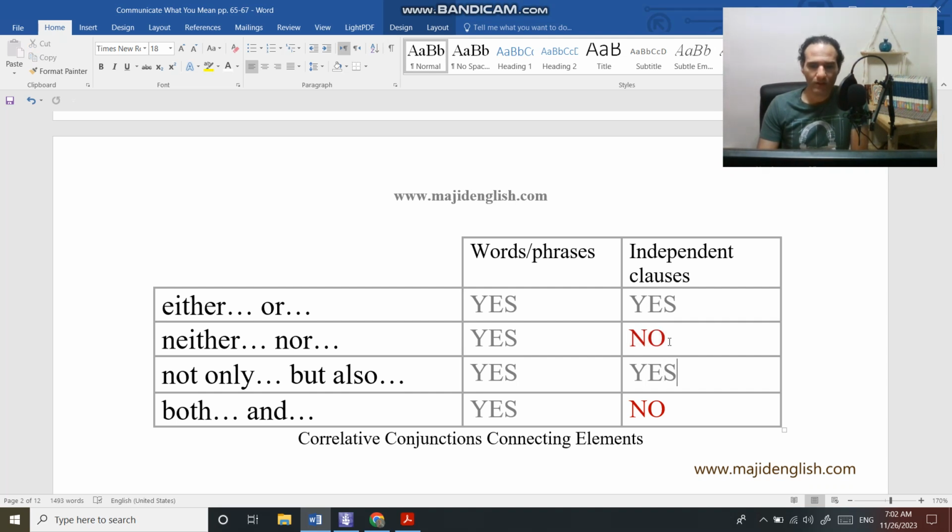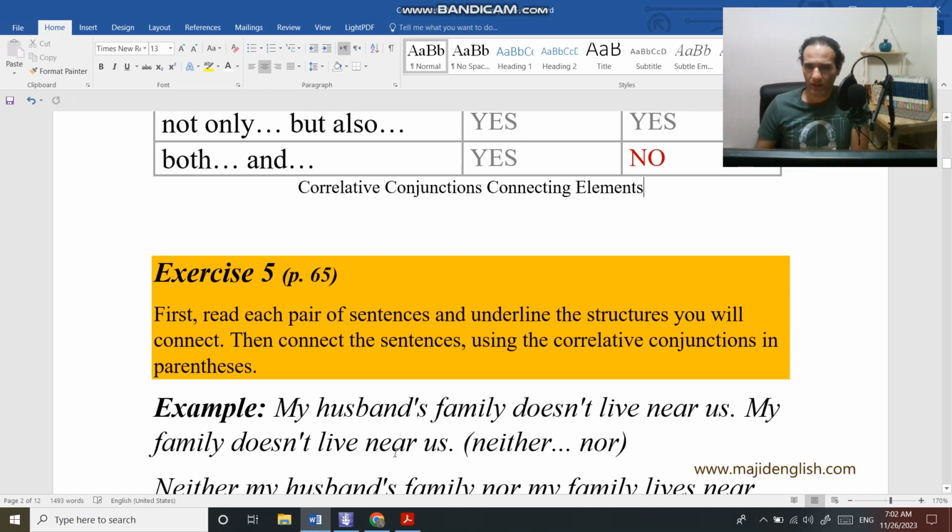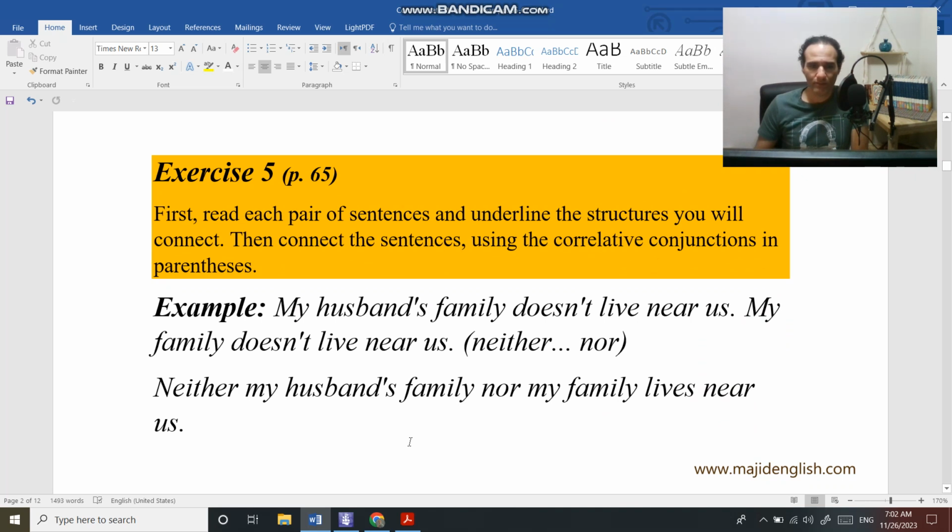Not only but also can connect words, phrases, and independent clauses, and both and cannot connect two independent clauses together. I see this as a very useful table for you to have in your toolkit. It's useful for your decision making when you are writing or speaking. So this was a quick review of what I had taught previously, but now exercise 5.